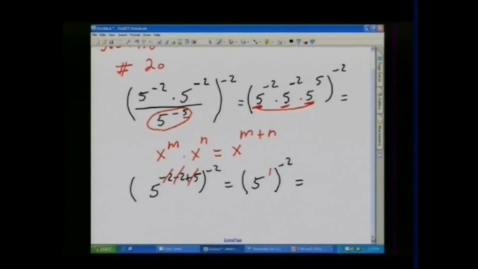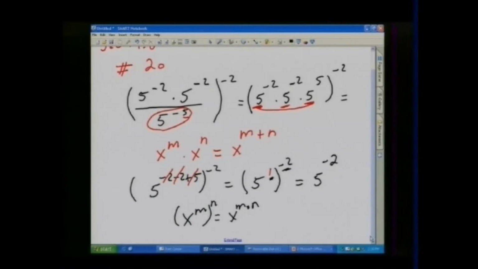Now we had another property that says h to the m power, the whole thing to the n power, is equal to h to the m times n. So we use that here, and it is 5 to the 1 power to the minus 2 power, which would be equal to 5 to the minus 2 power.